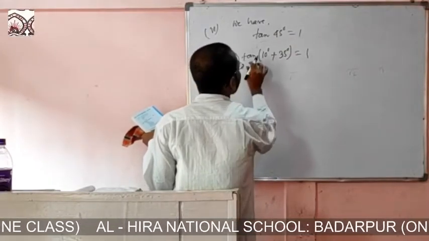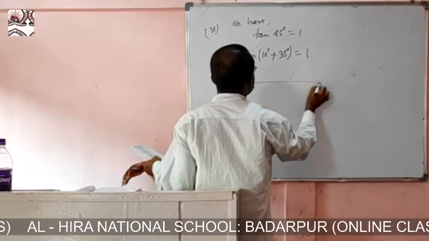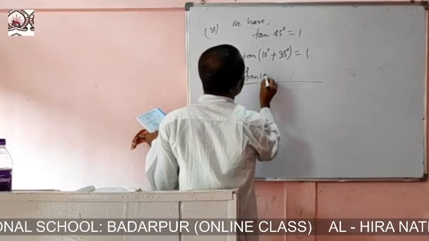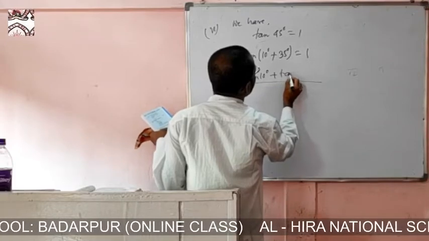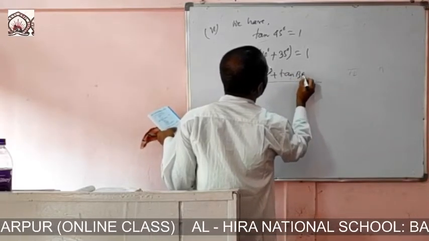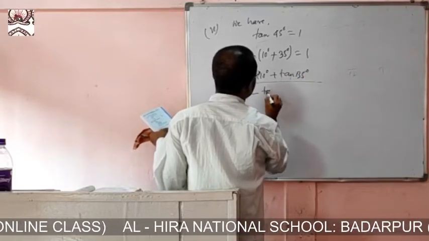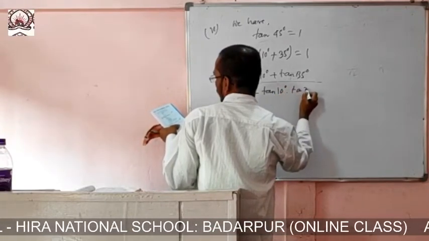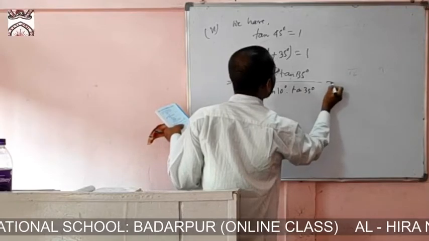So this is the formula of tan A plus B, and the tan A plus B formula use is tan A plus tan B into 1 minus tan A tan B is equal to 1.